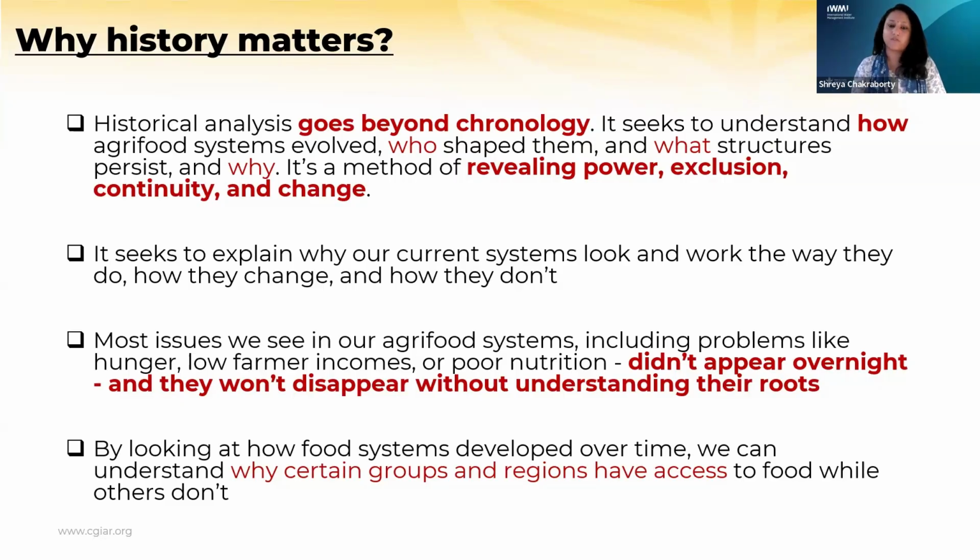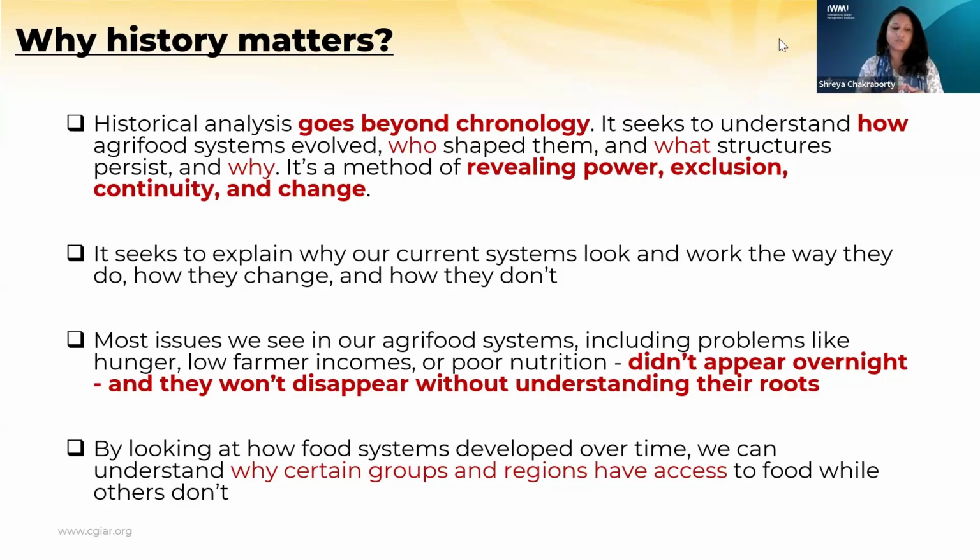Something that's been going on for 50 years isn't going to change because we gave one technical solution, and it's not going to change next year. Unless you understand the roots of the problem, where our current situation comes from, it's going to be very difficult to even have a timeline for where you're moving and what needs to be done to get there. In terms of food security, it also helps you understand the question of who and where.